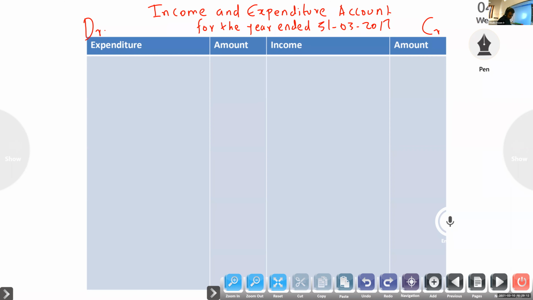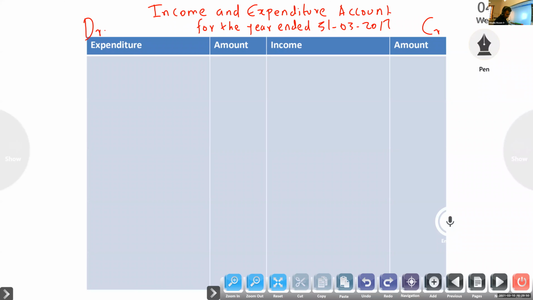So, the second adjustment: you look at salary outstanding 1,200. Salary paid included 6,000 for the year 2015-16. Here you have to remember the year is changed. The salary 1,200 is of the current year only, that is 31st March 2017, the closing date.